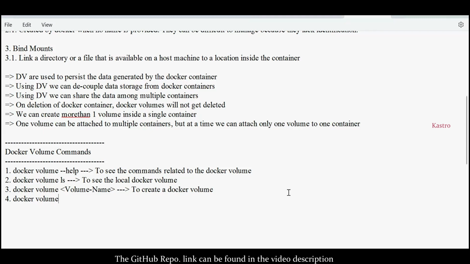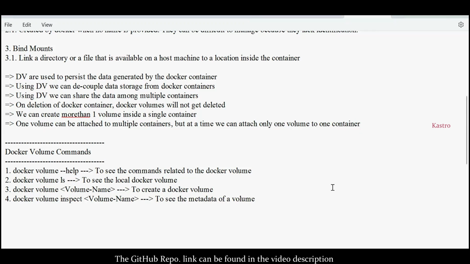All those details are called metadata. So if you want to know the metadata of a volume, docker volume inspect followed by the volume name. Whatever volume you want to look up, that name you have to give.